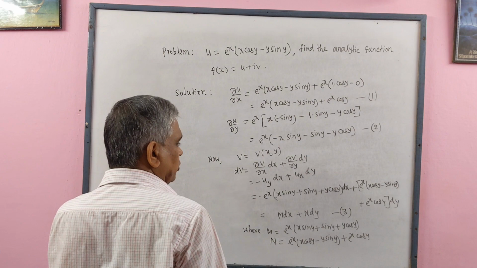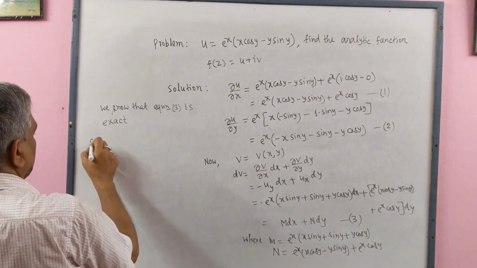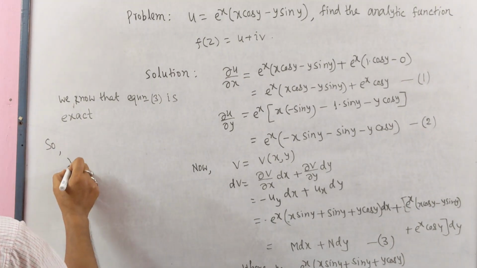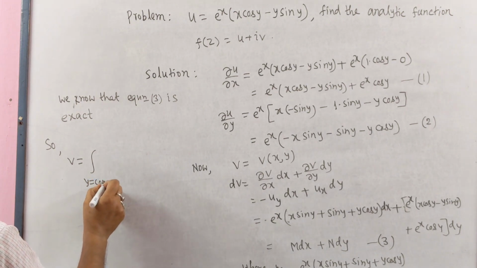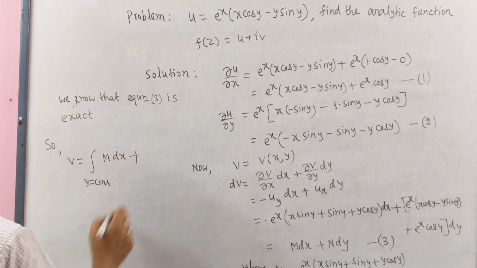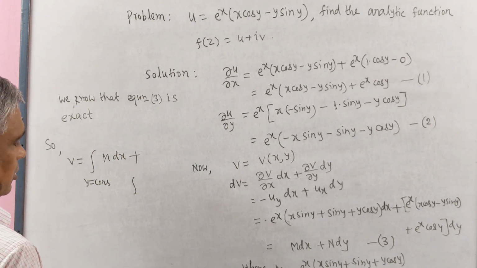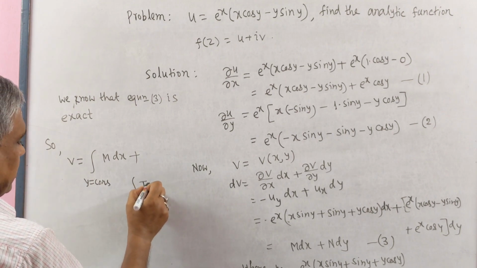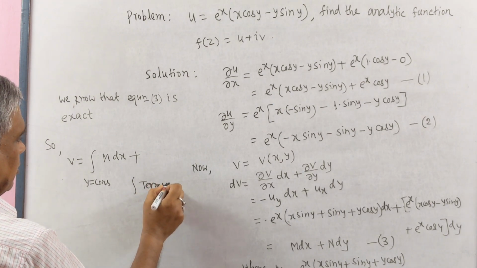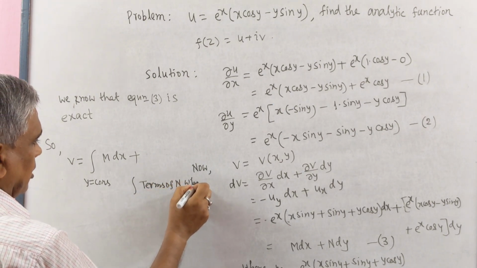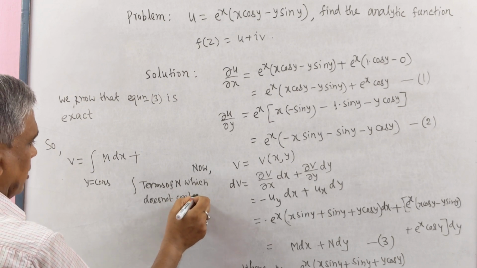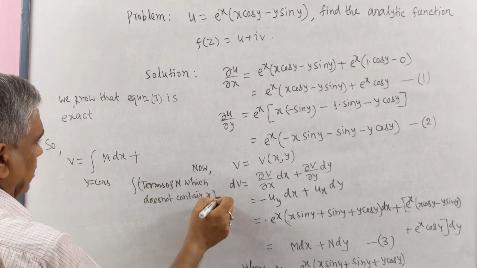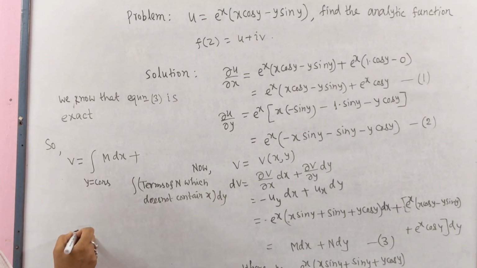Since we know that equation 3 is an exact differential, v will be equal to the integration of M dx, keeping y constant, plus the integration of those terms of N which do not contain x, with respect to y.